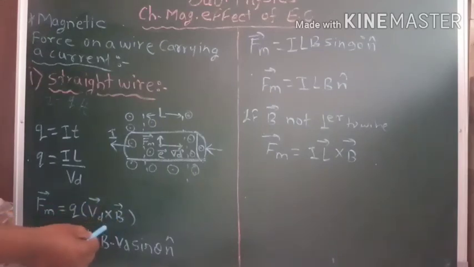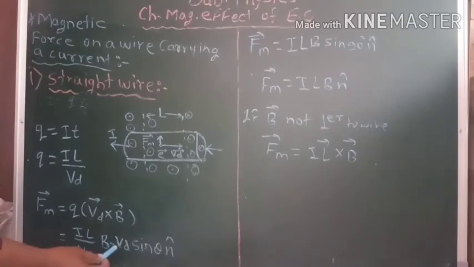Solving this cross product, we put in Q equal to IL upon Vd, and the cross product simplifies, as in the last lecture, to B Vd sin theta n cap.